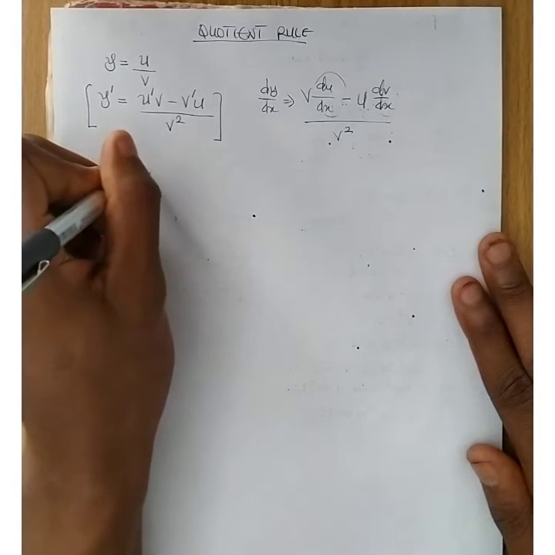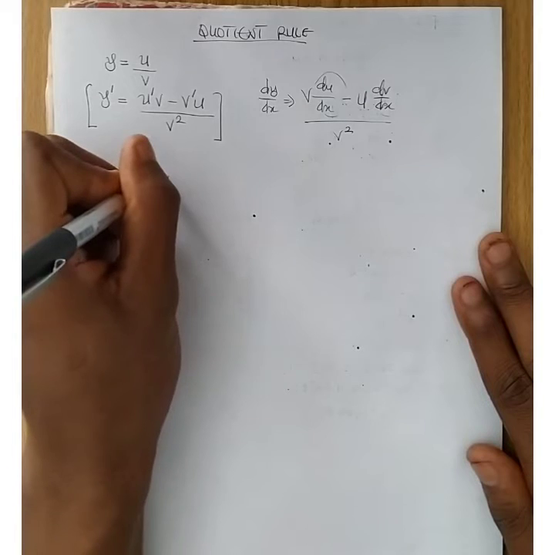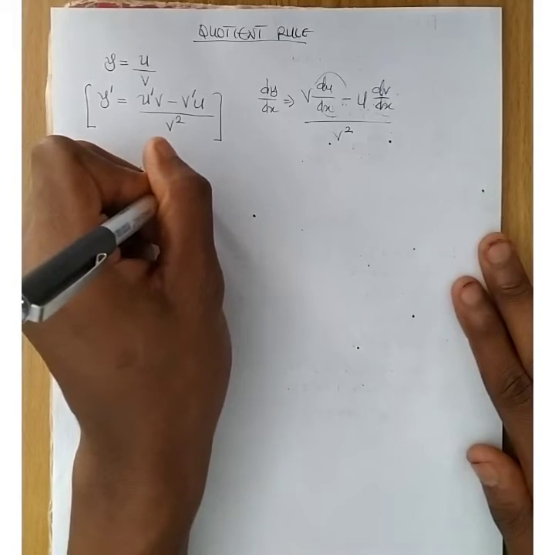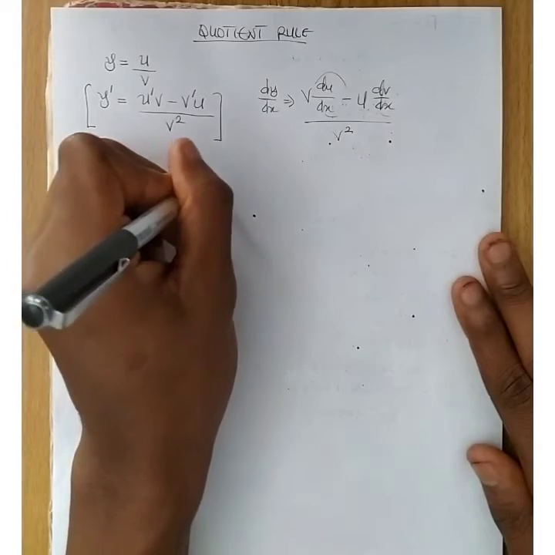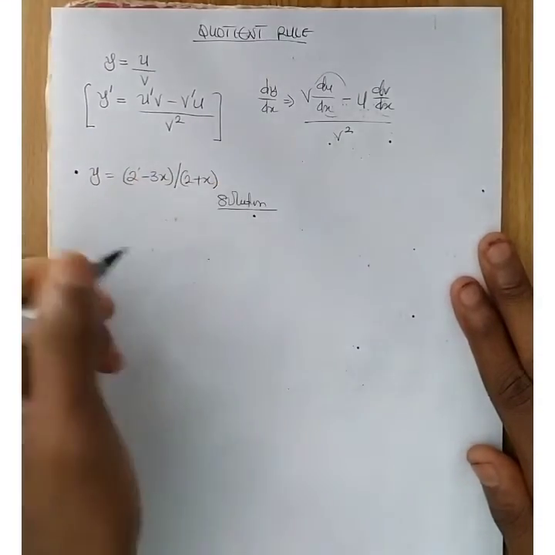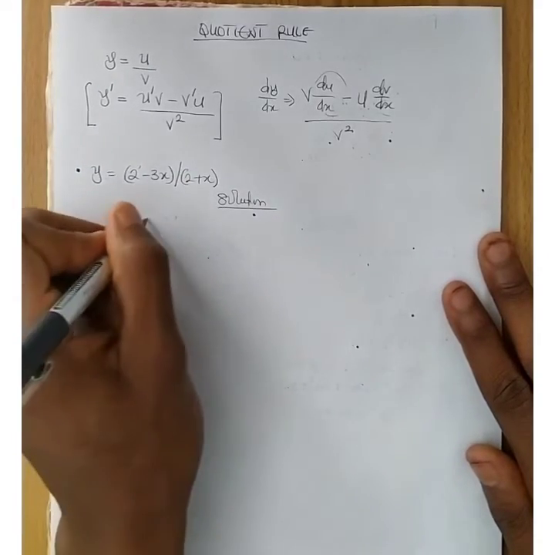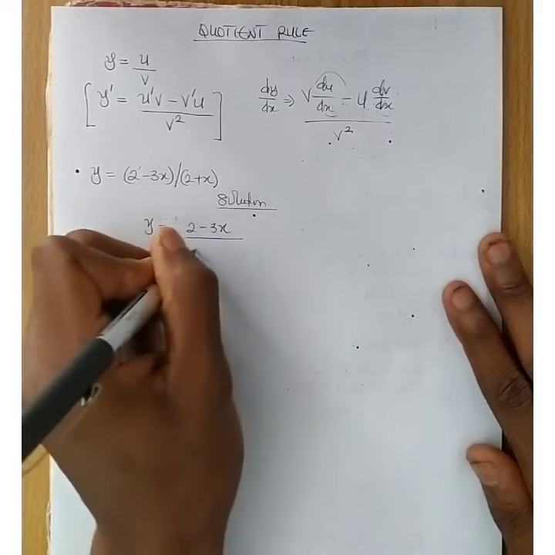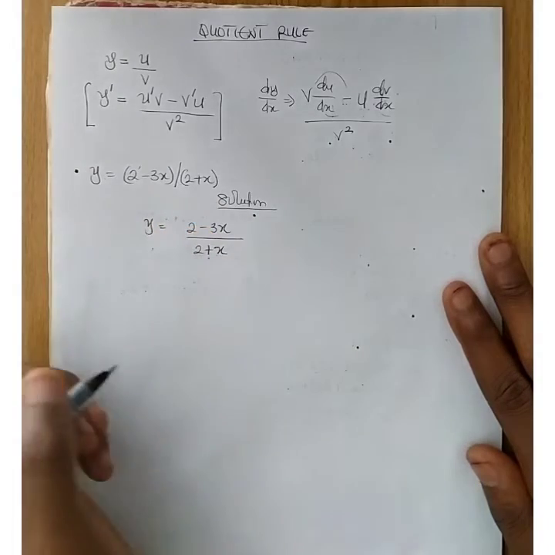find the derivative of this function, 2 minus 3x, and they say it is divided by what? 2 plus x. So solution, we have what? We can rewrite this to be 2 minus 3x over 2 plus x, right?